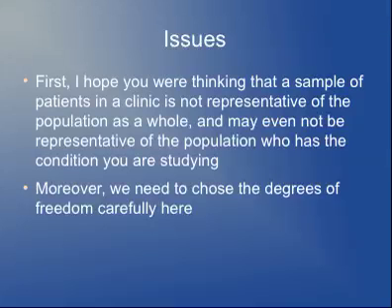In general, anytime you use a clinical sample to collect your data, the people tend to be more affluent, more educated, more white, more female, and older than the overall population. So the sample that you get in a clinic is almost certainly not going to be representative of the general population. But aside from that macro concern, in terms of just using a formula, you have to be careful when you choose the degrees of freedom here.